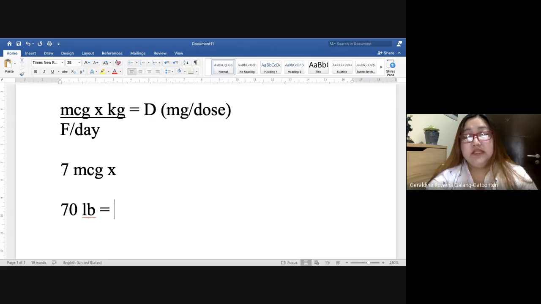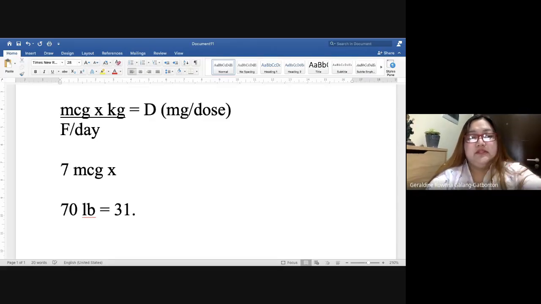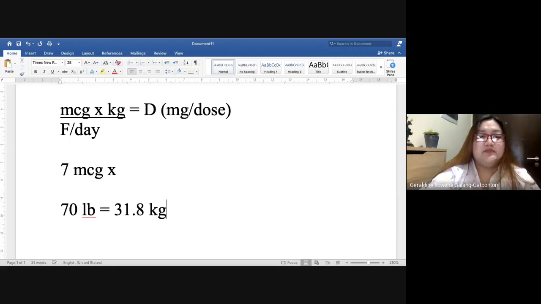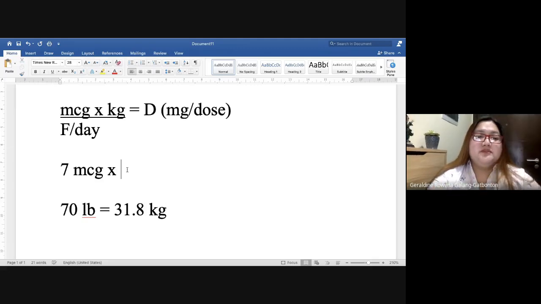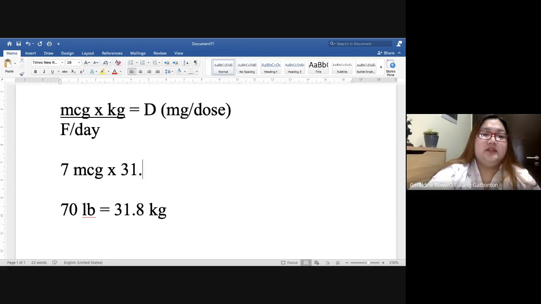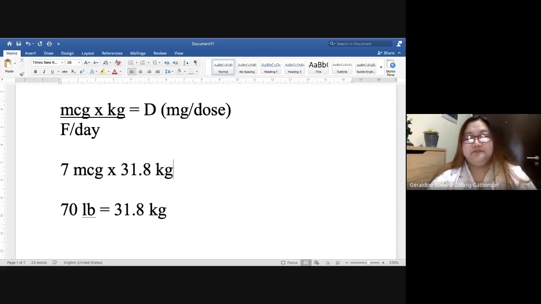So, 70 divided by 2.2, 31.8 kilograms. Now, to be standard, when we are getting weights, we use 1 decimal point. Okay? So, 7 microgram times 31.8 kilo.